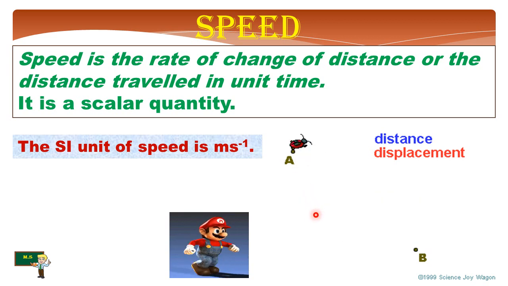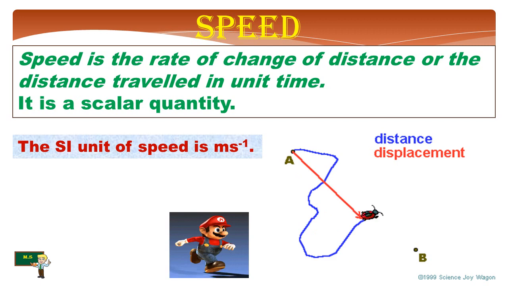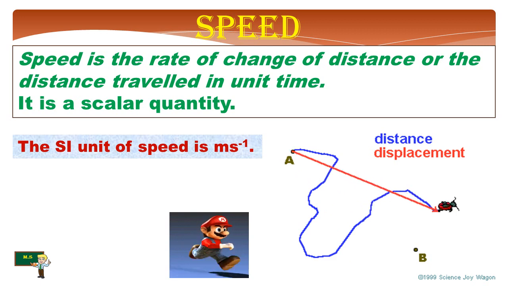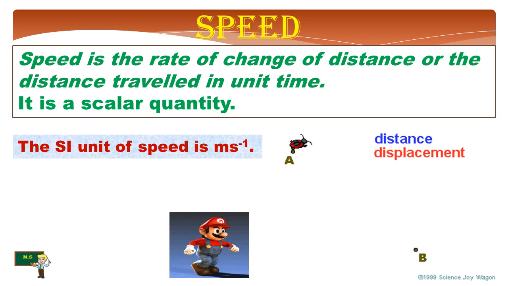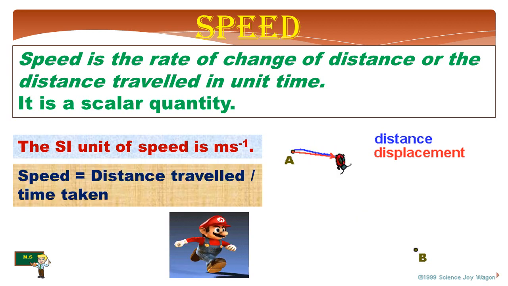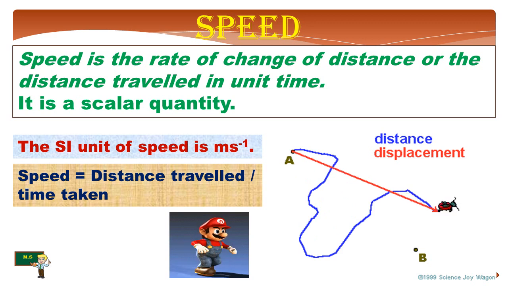The travel distance is very large, which you can see as the ant travels a very long distance, but the displacement is very short. So speed is equal to distance travelled divided by time taken.